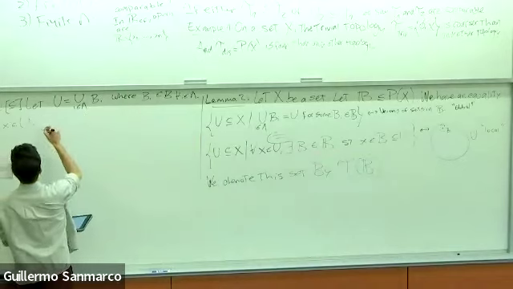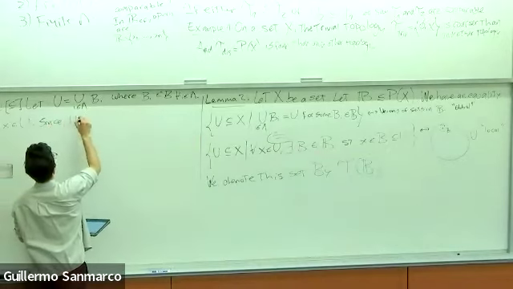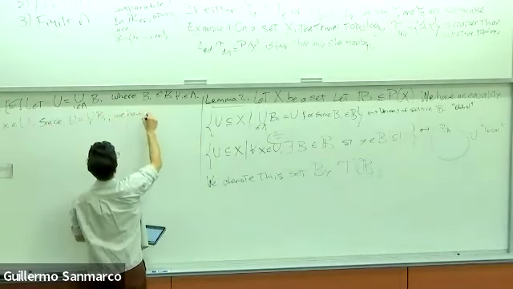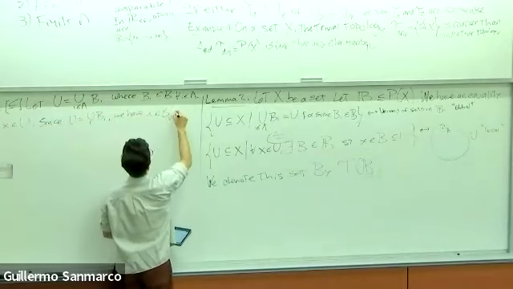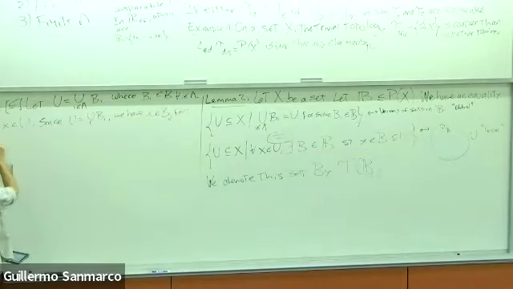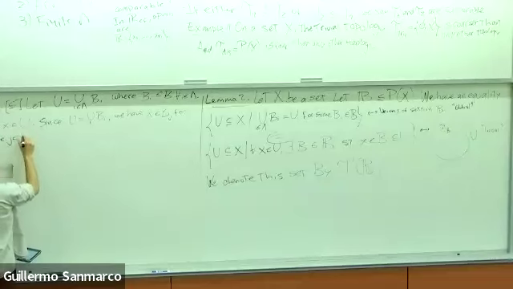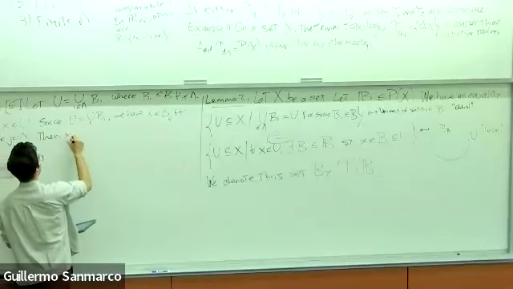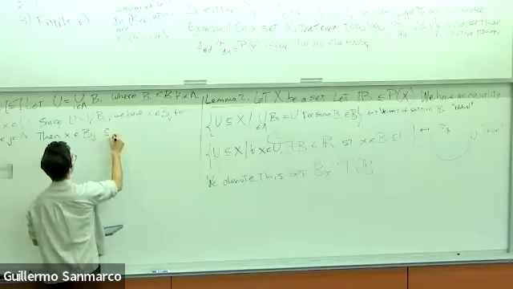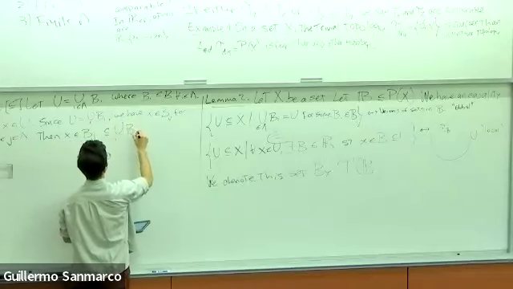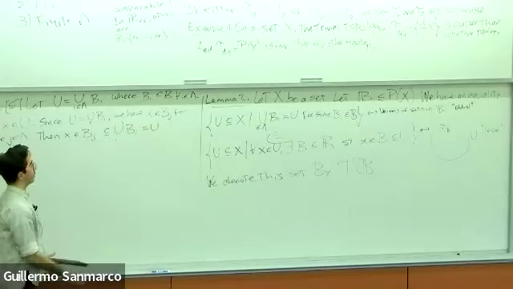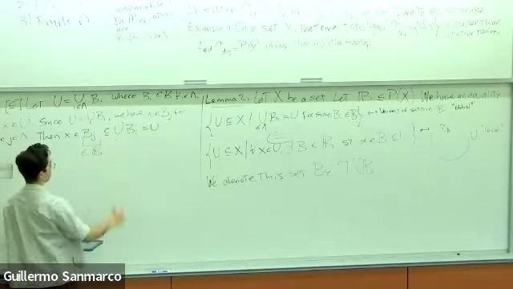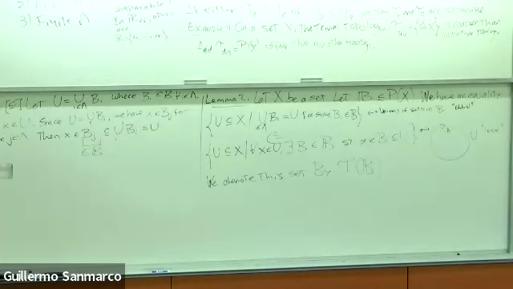So since we use this union of the B_i, we have X as an element of some B_j for some fixed j. And then X is in that B_j, which is a subset of the union of all B_i, which is our U. And of course, this guy is an element of B. And then we're done.